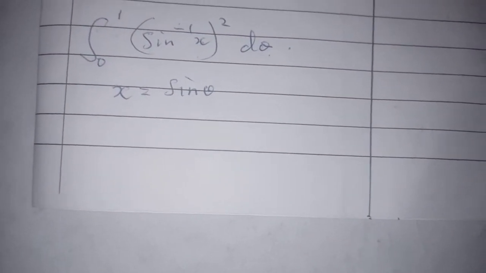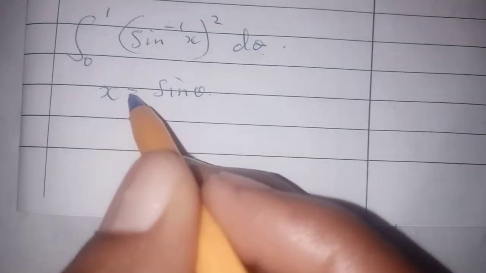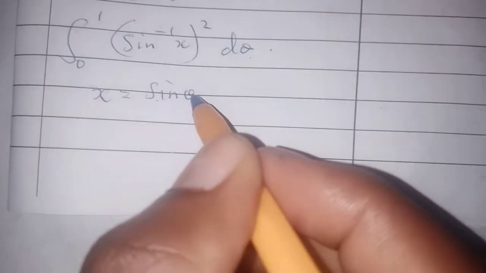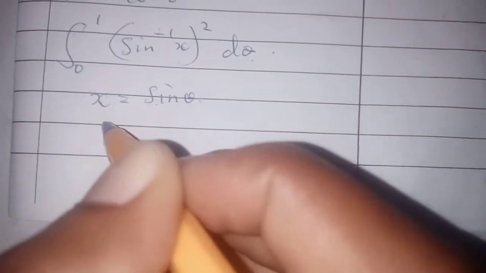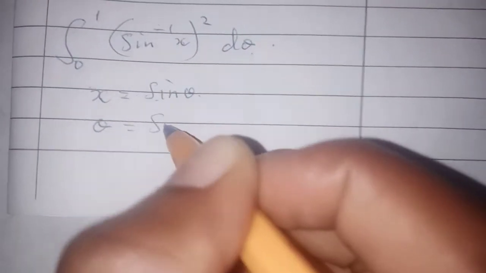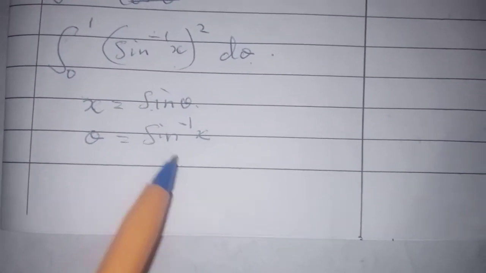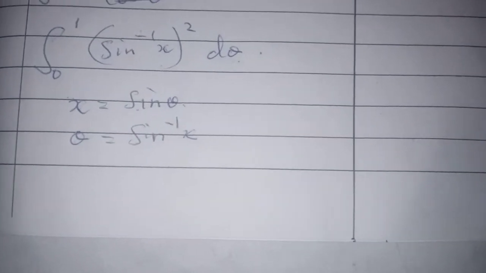If x is sine theta, what is sine inverse of x? Our theta is just the sine inverse of x. Very simple and easy.